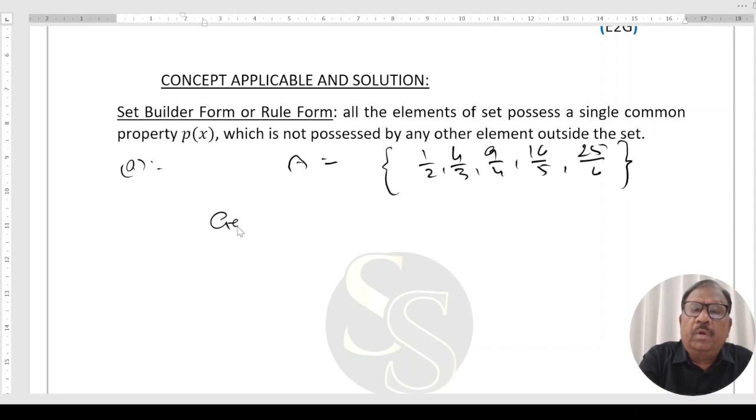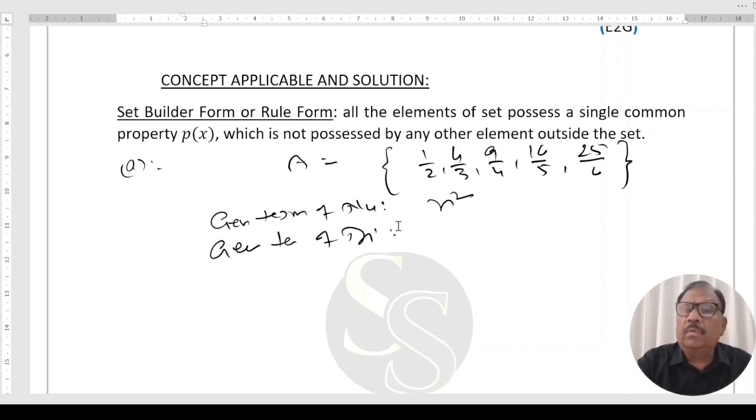The general term of the numerator: 1 square, 2 square, 3 square, 4 square, so n square. General term of the denominator: the common term is 1, n plus 1. Therefore, the general term is n square by n plus 1.